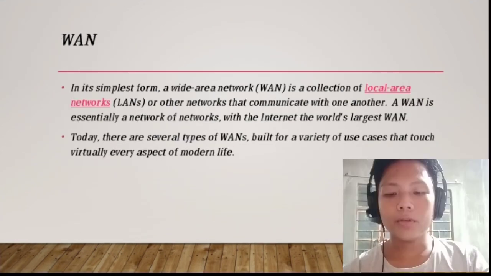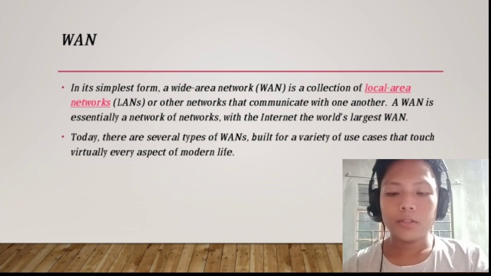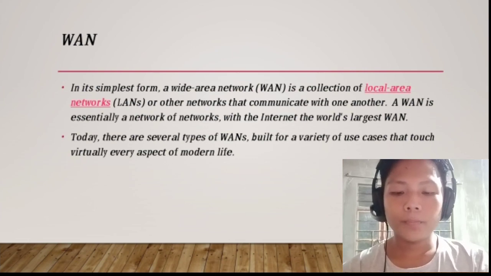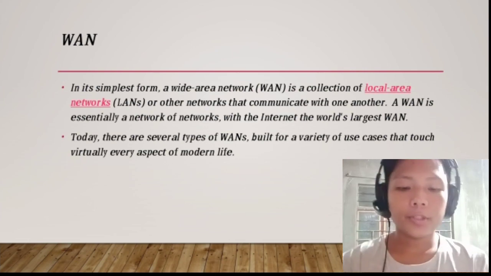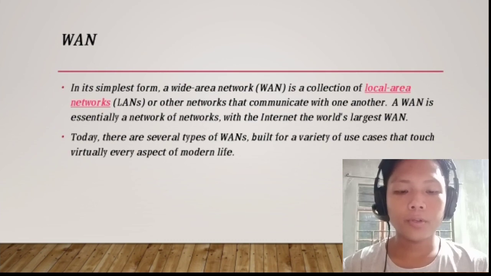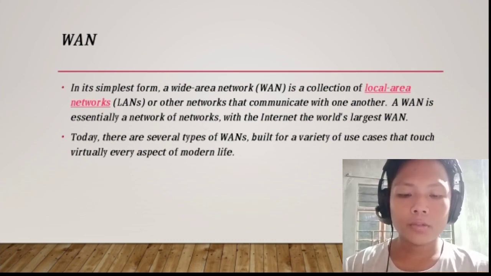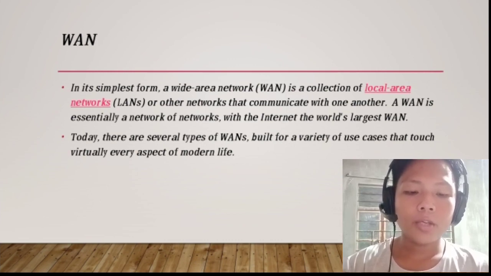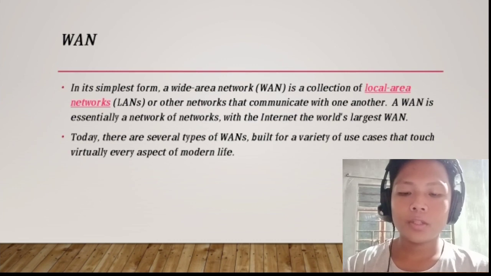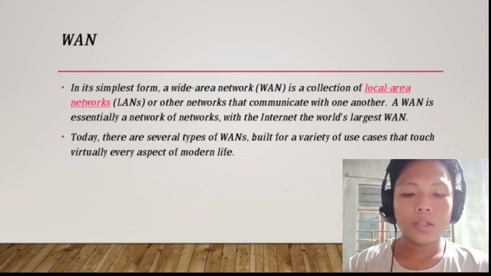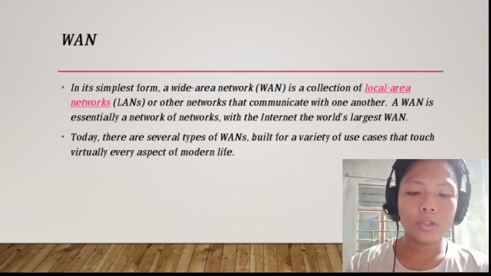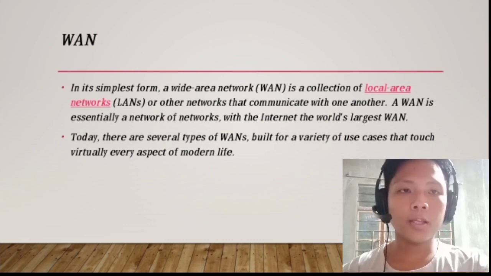WAN: in its smallest form, a wide area network is a collection of local area networks or other networks that communicate with one another. A WAN is essentially a network of networks, with the internet as the world's largest WAN.